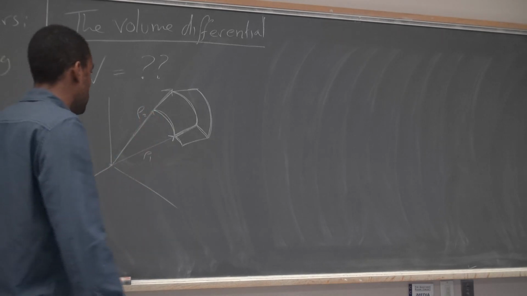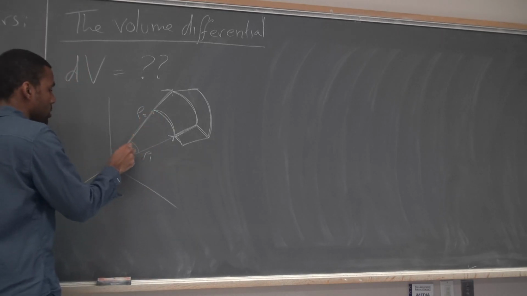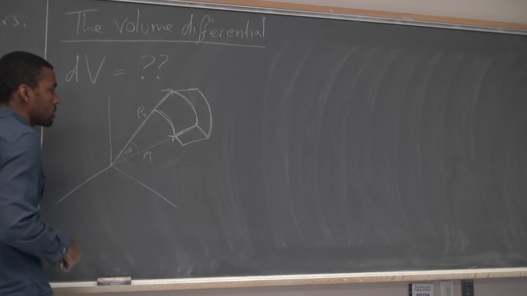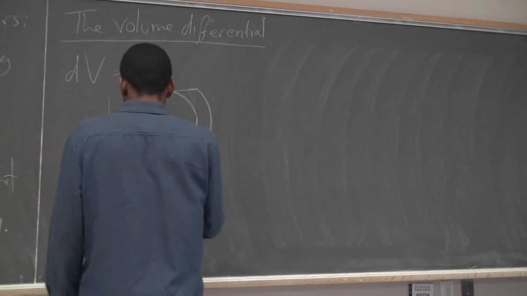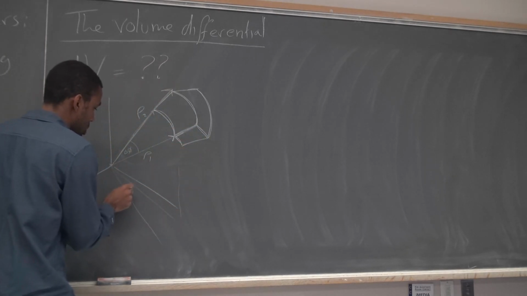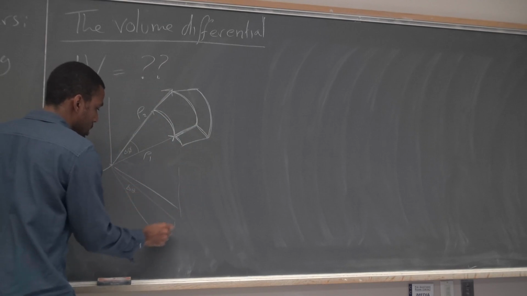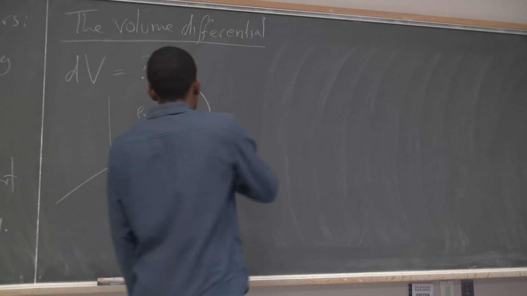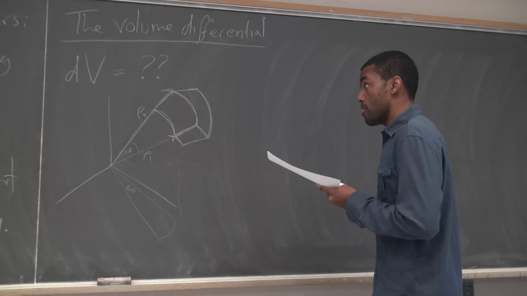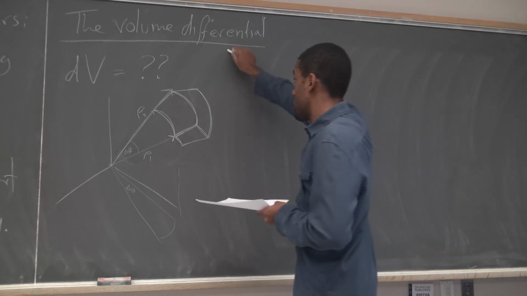There's going to be a change in phi, right? This is going to be your delta phi. There's also, if you project this in the xy plane, there's going to be a delta theta here. That's going to be that change in the angle. Basically, if you look up the volume of this, you sort of pretend it's small enough to be thought of as a rectangle, sort of do a length times width idea.